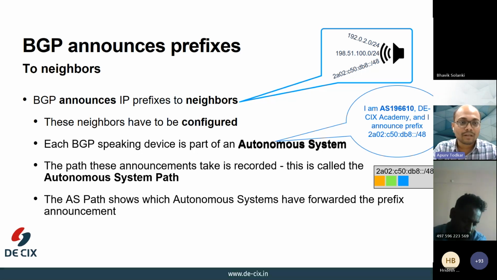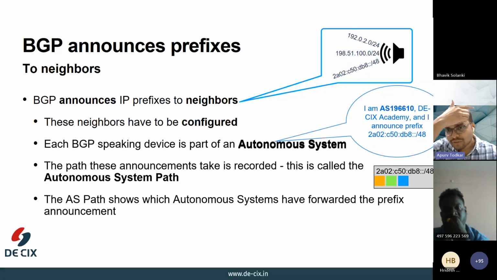So instead of the color dots, you can say that your router uses autonomous system numbers, and the path this announcement takes is recorded as an AS path. To visualize this, just think of the previous example, wherein on the right hand side of the slide the blue node is the originator, the green node receives and re-announces the prefix, and the orange node does the same thing to its neighbors.